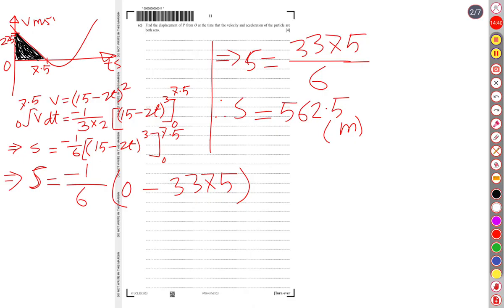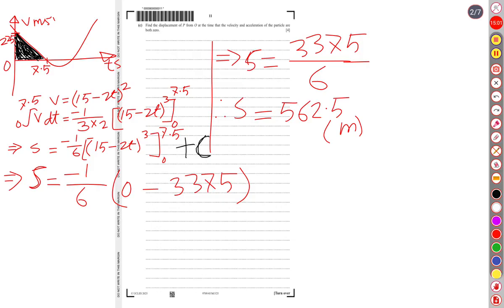And remember, you may ask why there isn't any constant value. If you are confused with this constant value, let's see the graph. When t was 0, at the time of beginning, there was no displacement at all.